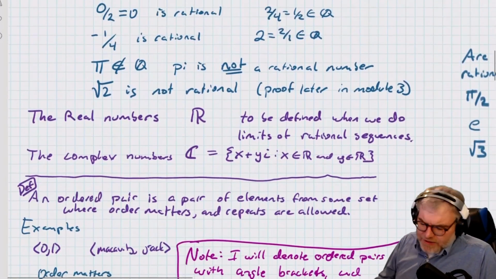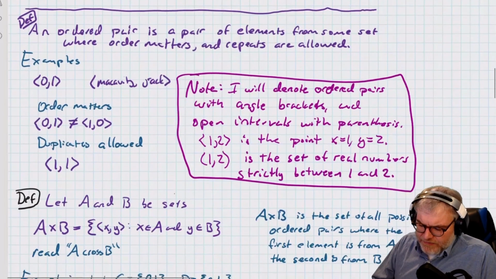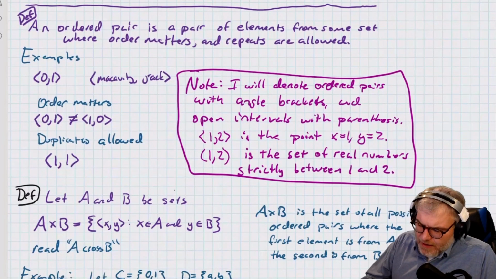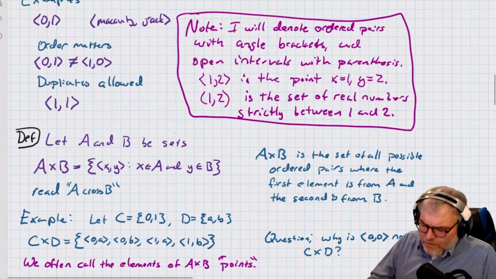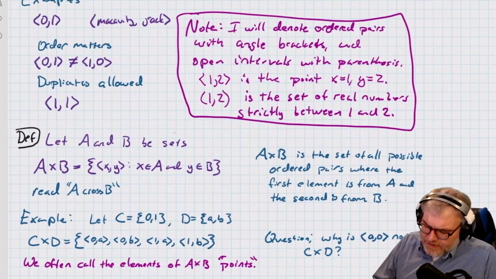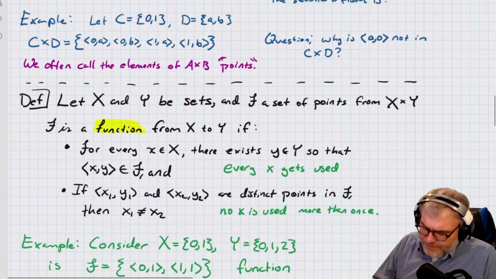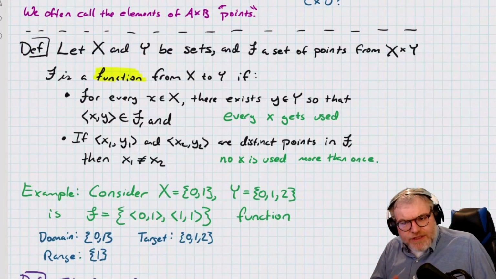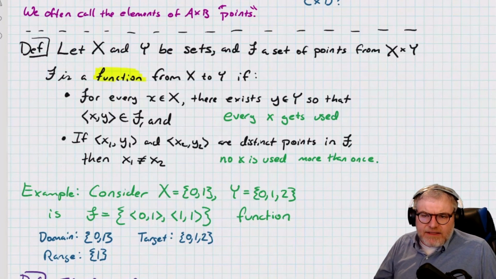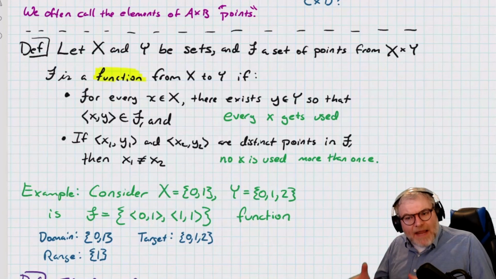Okay? We gave notations for the real numbers and the complex numbers. And then we did some examples, and we did examples of ordered pairs, and we defined the cross product. And then we defined a function, and that was the big thing. A function from x to y is a set of ordered pairs.